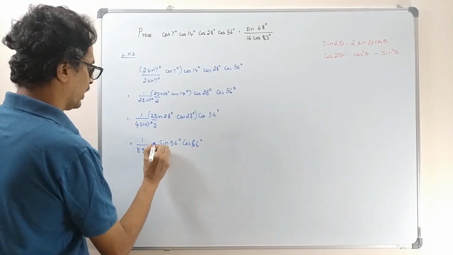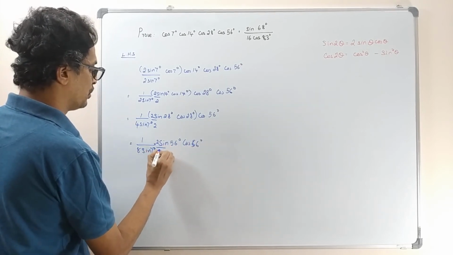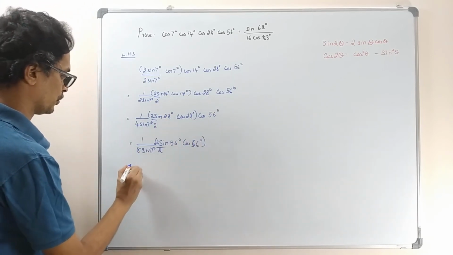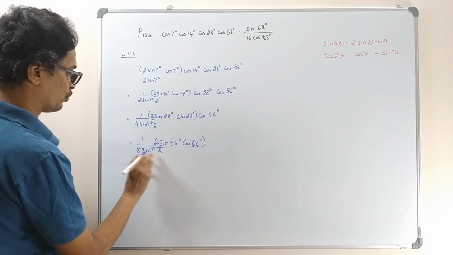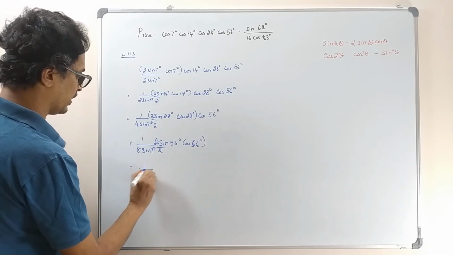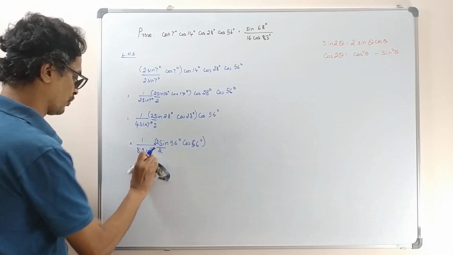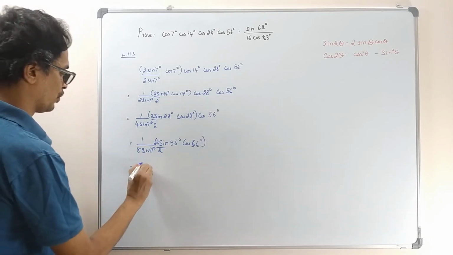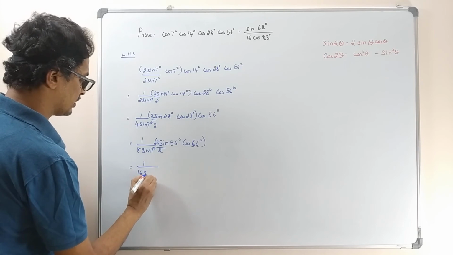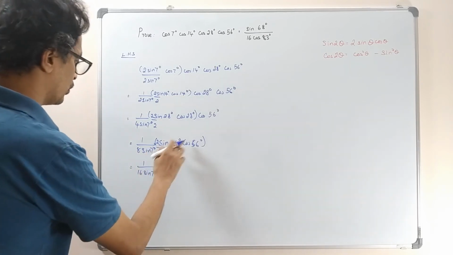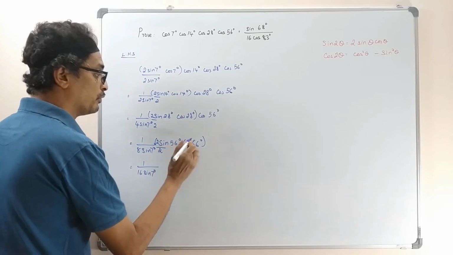So again I am going to multiply and divide by 2. Then this becomes 8 into 2, 1 by 16 sin 7 degree into, this will be sin 2 times 56. Correct?